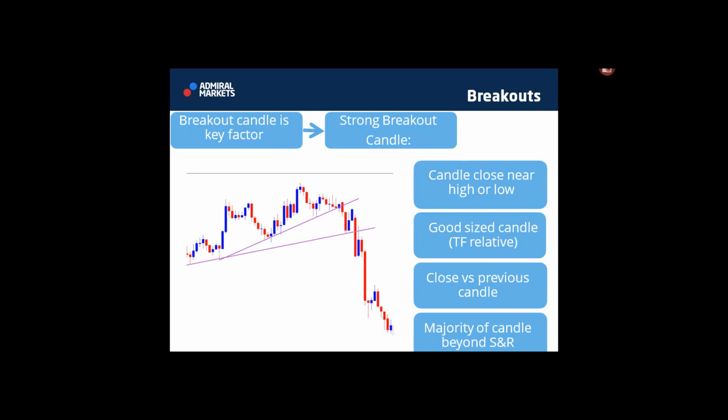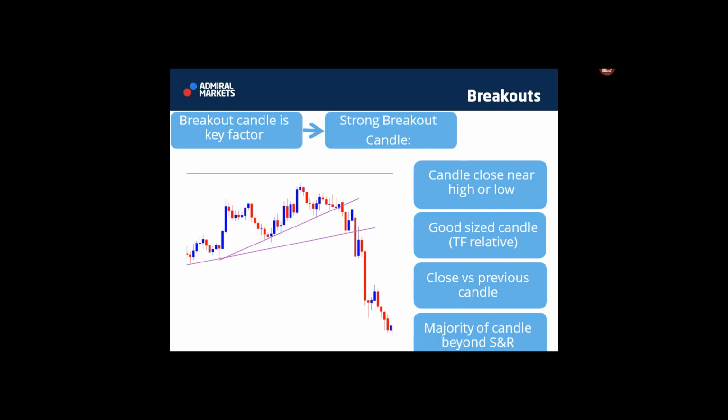So what I'm looking for in a good breakout candle are four things that you see on the right. First of all, a candle close must be near the low for a bearish breakout and near the high for a bullish breakout. There's no other way around it. It has to have a strong close, that means that the bears or bulls are in control of that particular candle.